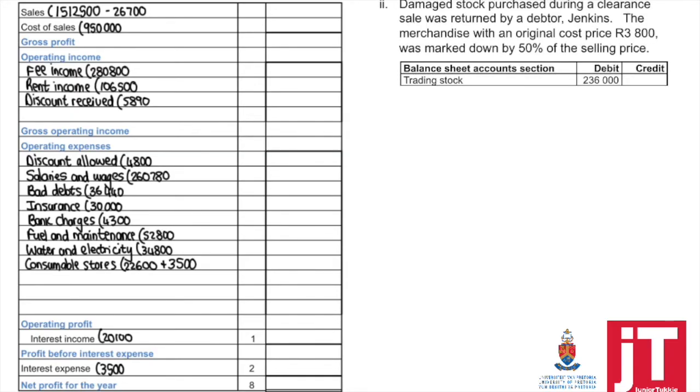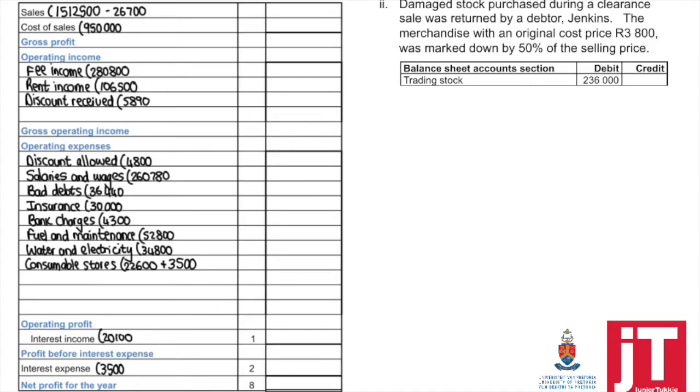Adjustment number 2. Damaged stock purchased during a clearance sale was returned by the debtor. The merchandise with an original cost price of 3,800 was marked down by 50% of the selling price. So this is an easy adjustment, or transactions which are familiar to you from grade 9.